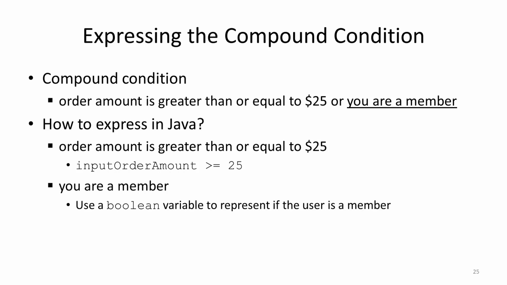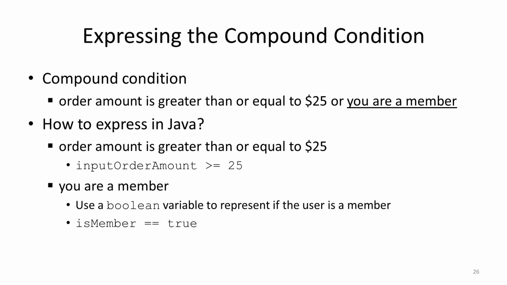We could use a Boolean variable to represent if the user is a member because, again, either the user is or is not, and that's perfect for a Boolean variable. We can create a Boolean variable called isMember, and the value of that isMember variable would represent whether or not the user is or is not a member. So if we create a Boolean variable isMember, in order to express this criteria, we can say isMember equal true.